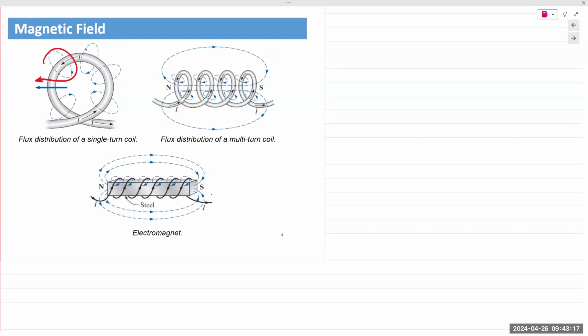This is also the working principle of an electromagnet. You can make strong electromagnets that are similar to permanent magnets by applying a current flowing through a conductor. If you have a magnetic core inside that conductor, you can create a very strong electromagnet that can actually pick up heavy vehicles by itself.